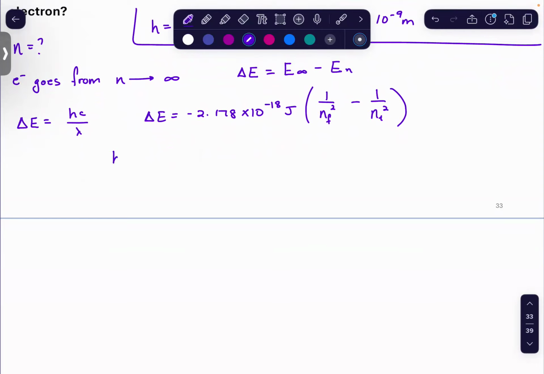Okay, so hc over lambda equals a negative 2.178 times 10 to the negative 18th joules, and our values of n, we don't know what n is, but we know our final state is 1 over infinity minus 1 over n squared. Now, if any math professor saw this, they're cringing right about now. I could put 1 over infinity squared, but infinity squared is just redundant.